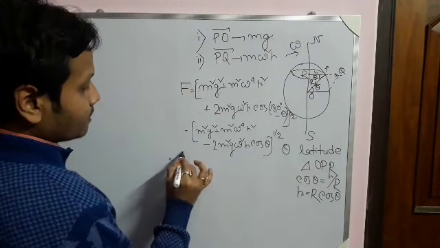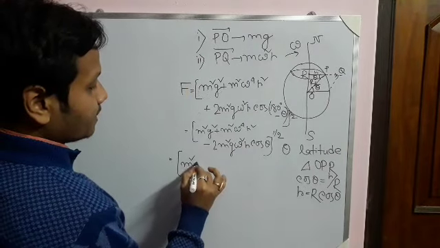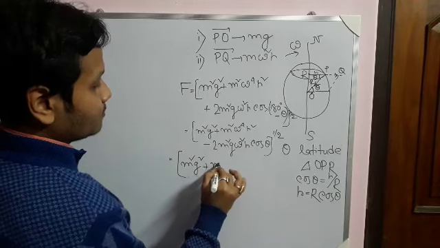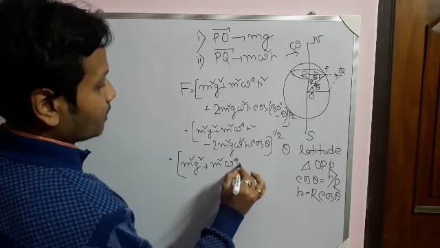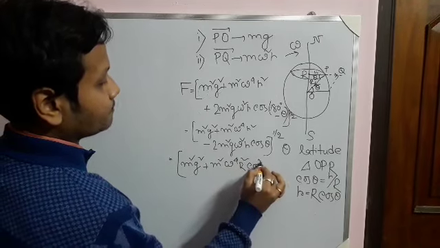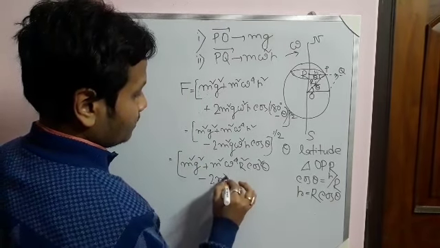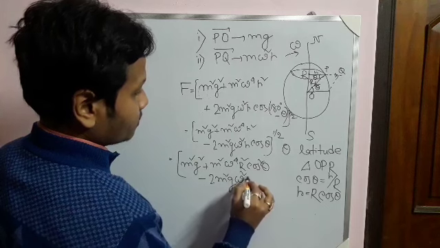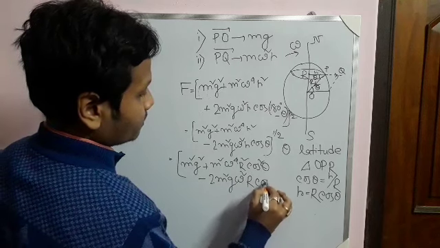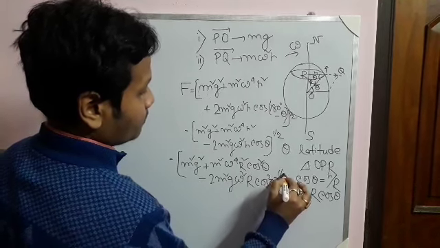If you substitute that value, what we get is: m square g square plus m square omega to the power 4 R square cos square theta minus 2 m square g omega square R cos square theta, whole to the power half.